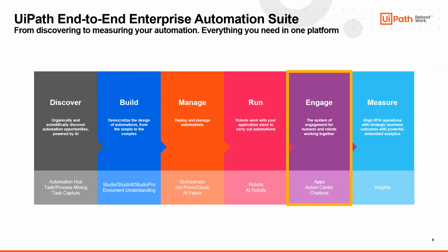UiPath Apps is our low-code, no-code application builder. In short, it allows you to build a user interface that can be very easily connected to an attended or unattended process. This means we can create compelling ways for users to interact with the robots, to provide data to or receive data from the robots.